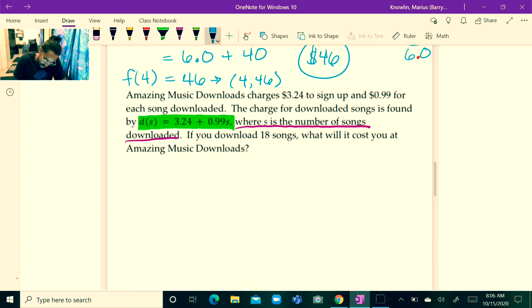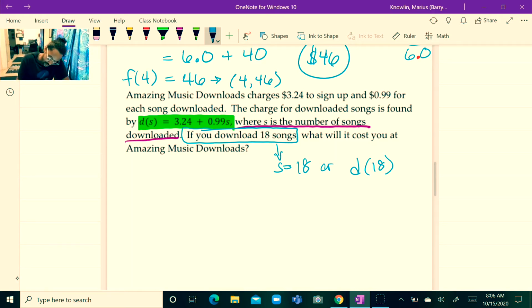And right here, they're telling us, hey, if you downloaded 18 songs, so that's basically saying that S is equal to 18, or we could say D of 18.